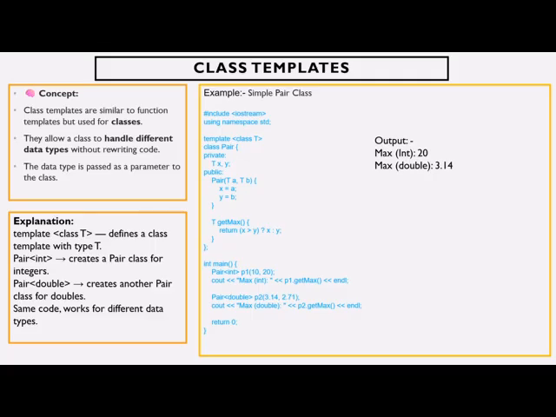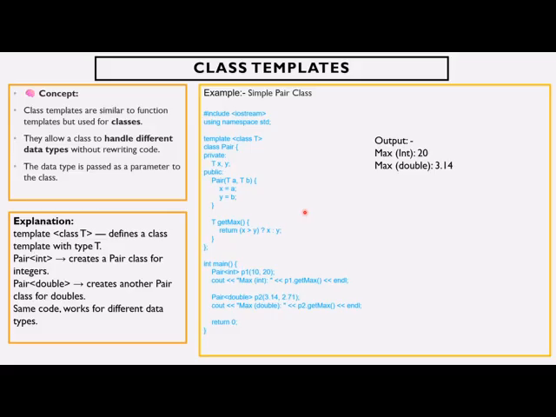Now let's move to class templates. Just like function templates, these let you create classes that work with any data type. Here's a simple example. You create a class, and then you have the function, and then you have the code, right? Here template class T defines the class with template type T. Pair int creates the pair class for integers.